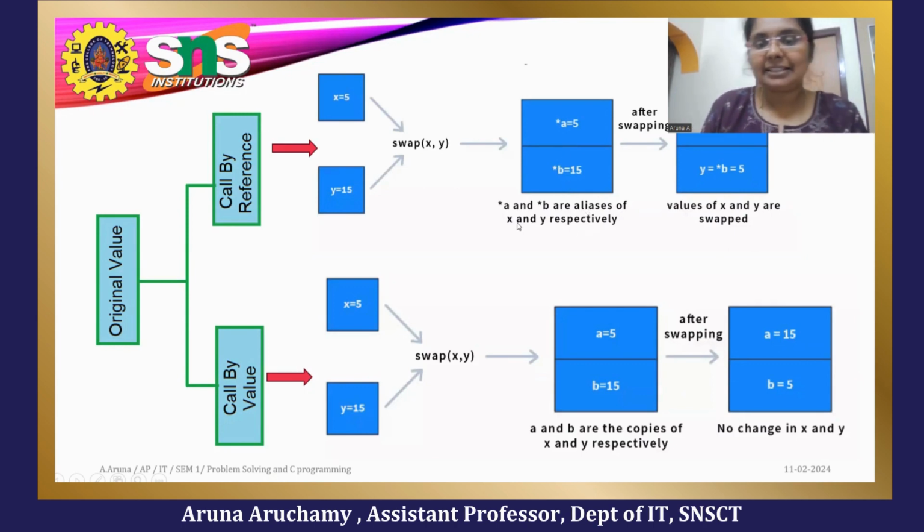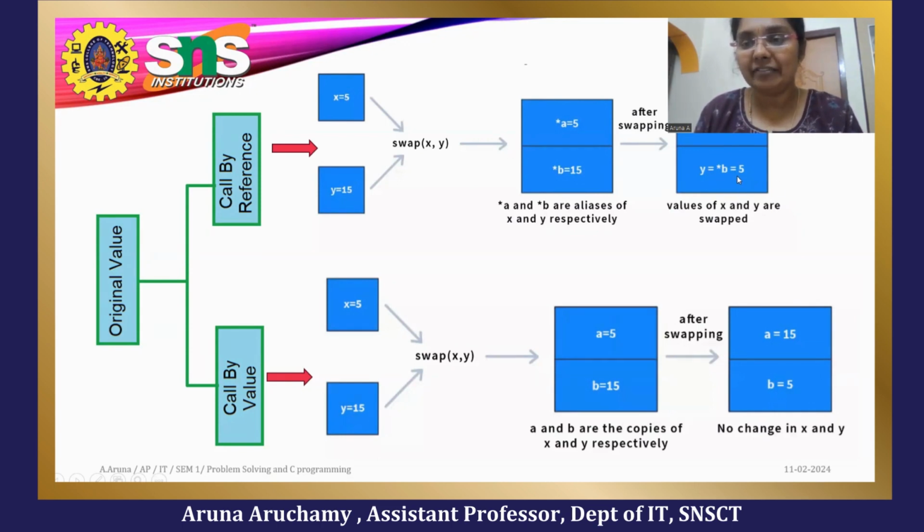Here, x's alias is A and y's alias is B. Both are pointer variables, so a pointer variable can hold the address of x and the address of y. The address of x is stored in A, and the address of y is stored in B. If I make any changes over here, it will definitely be affected, because you are changing the value at the memory location.